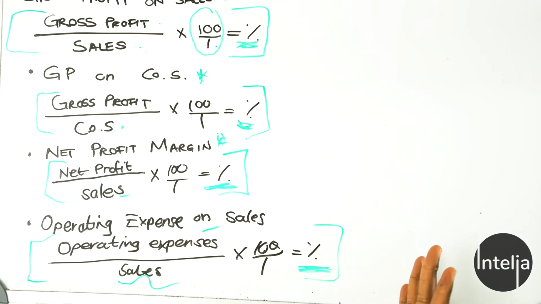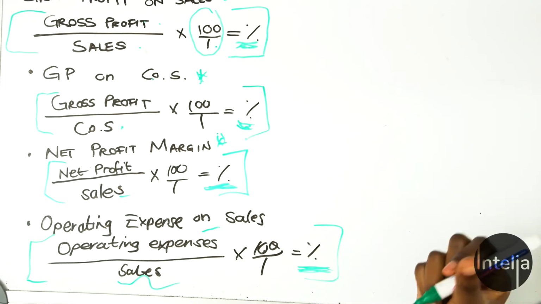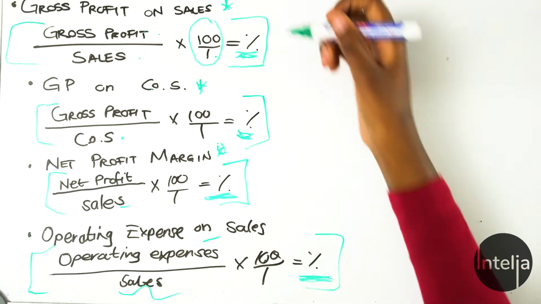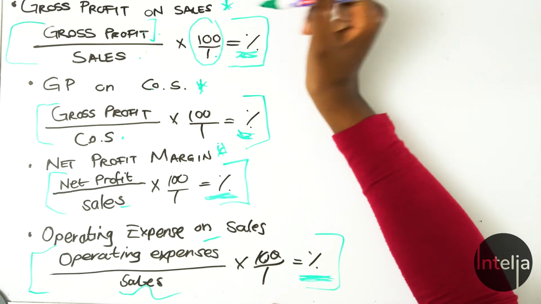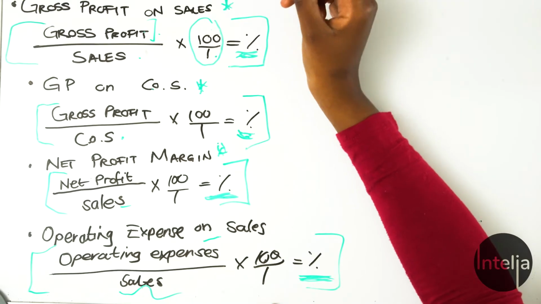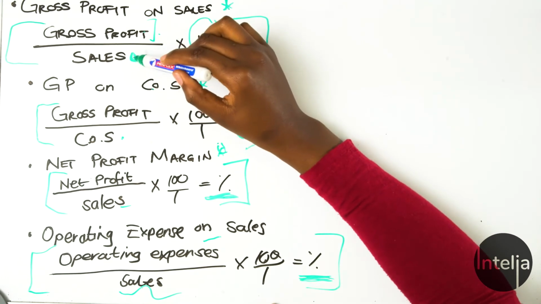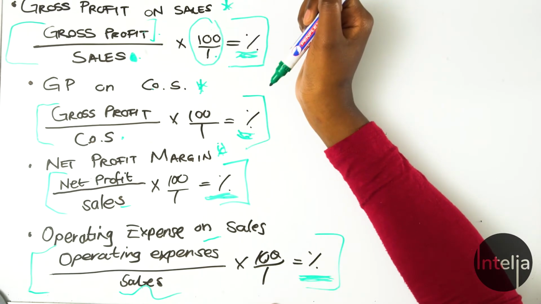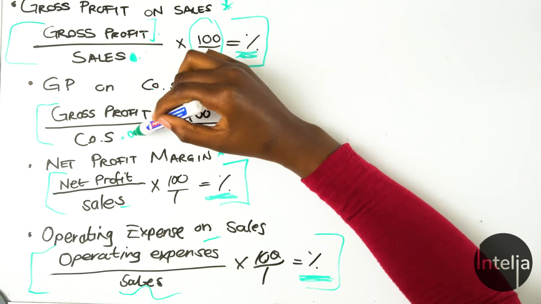So the next thing that we're going to do is going into practice and how to use these. But it's quite simple, as you can see. You'll have to calculate gross profit, obviously, and the formulas for this is stuff that I'm not going to go back over with you, because if you're in grade 12, you know how to calculate it. You know that you find your sales and your cost of sales in your income statement.